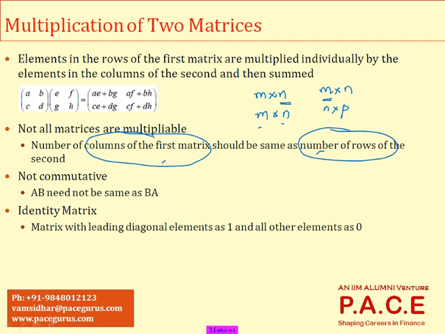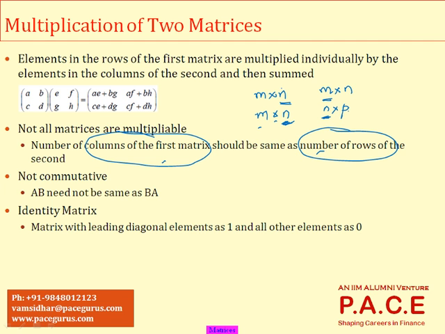Only n is required to be matched. This p can be the same as m or different from m. We are least bothered about that. Only the number of columns of the first matrix should be the same as the number of rows of the second matrix. That is the eligibility criterion to multiply any two matrices.